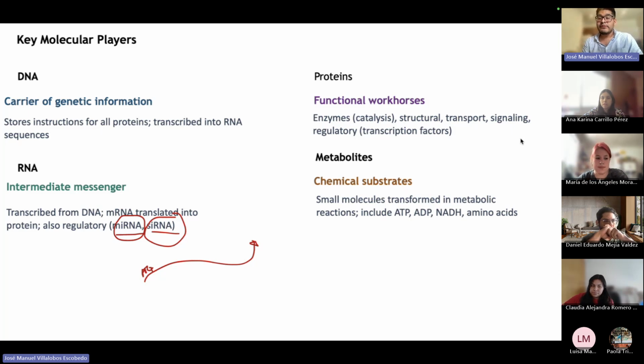For us, it's very important to know that we will have some compounds that are processed by enzymes, and after that they will produce something. But at the same time, there are small molecules that participate in this interaction, for example ATP, ADP, NADH, and amino acids.